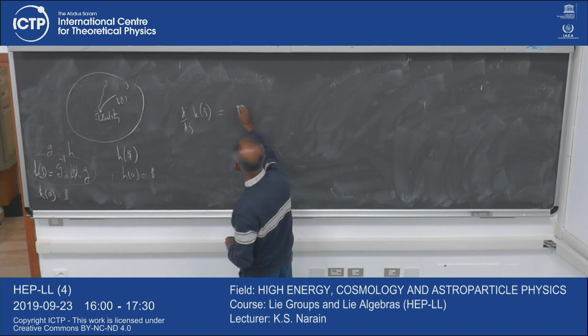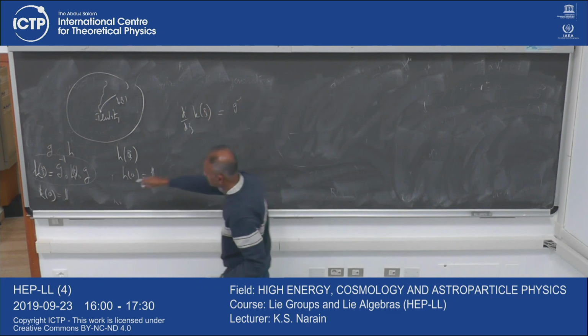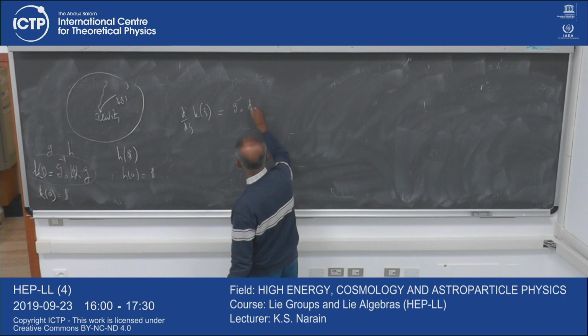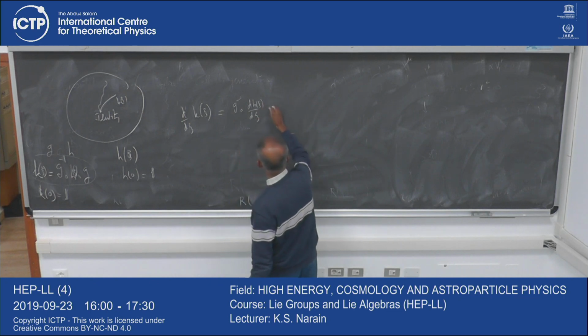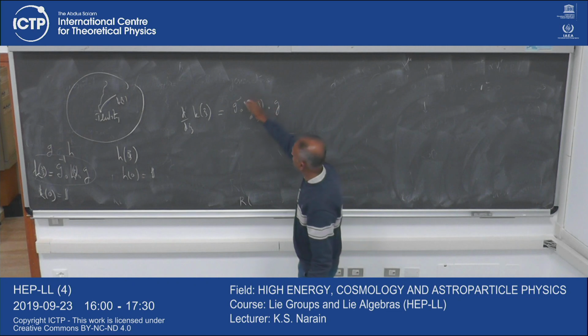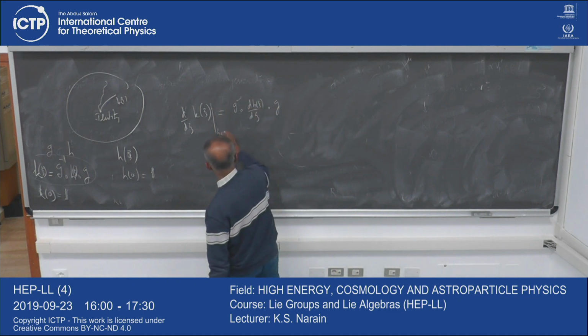So this is going to be G inverse. This does not depend on the parameter psi. Only H depends on psi, right? So this is going to be G inverse dH over d psi G. This is the Lie algebra element, and then set psi equal to 0.